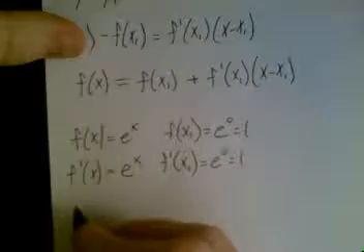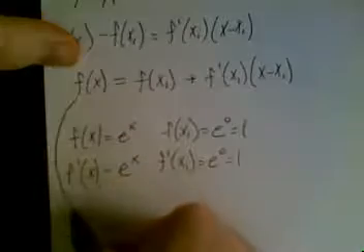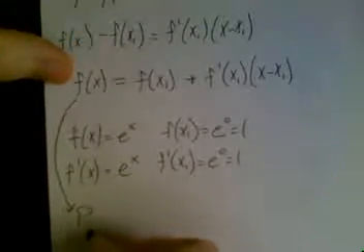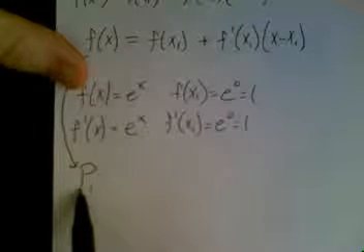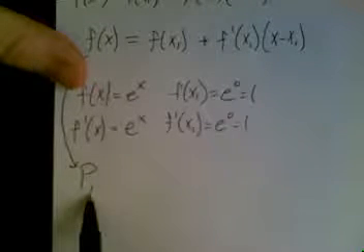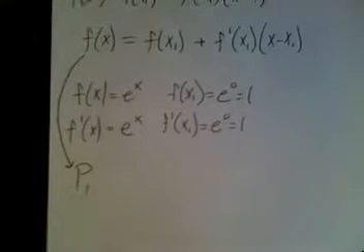Plugging in all my values, I'm going to rename f of x. I'm going to call it p sub 1, a polynomial of first degree, highest power being 1, a linear function.